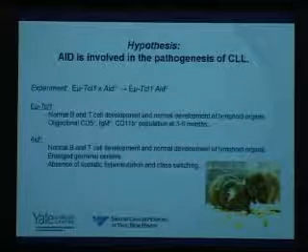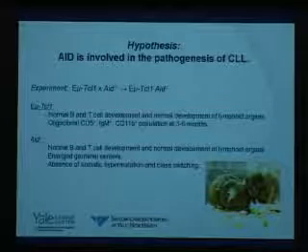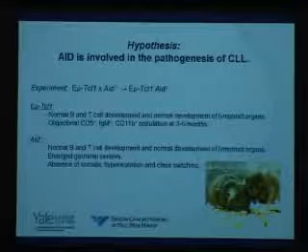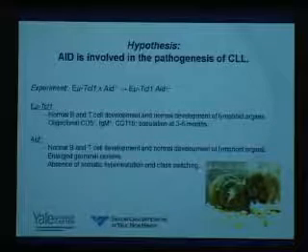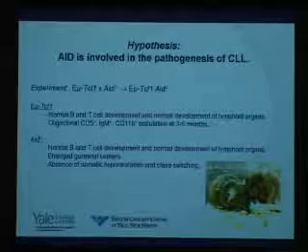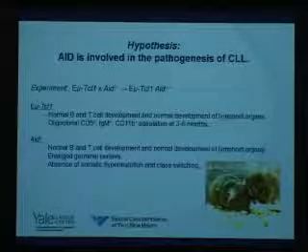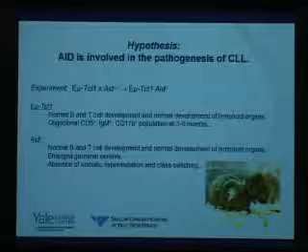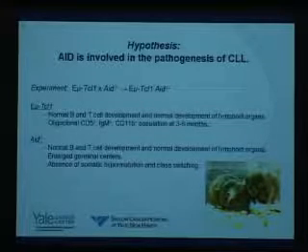They develop, after a latency period, an oligoclonal CD5 positive, IgM positive, CD11b positive population. AID knockout mice also have normal B and T cell development and normal development of lymphoid organs. They do have enlarged germinal centers, but they have complete absence of somatic hypermutation and class switching.